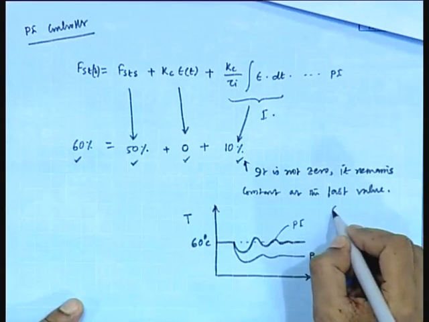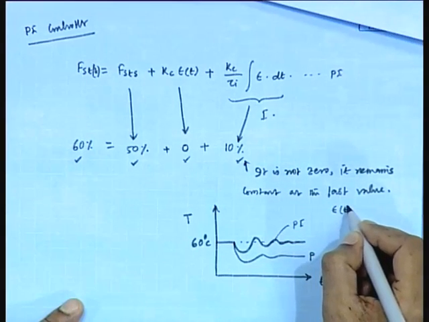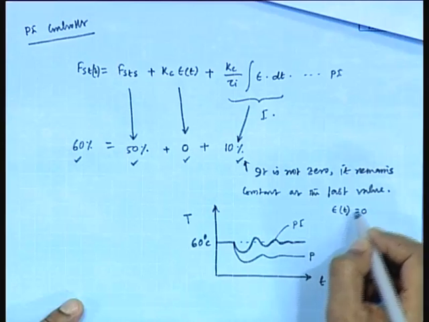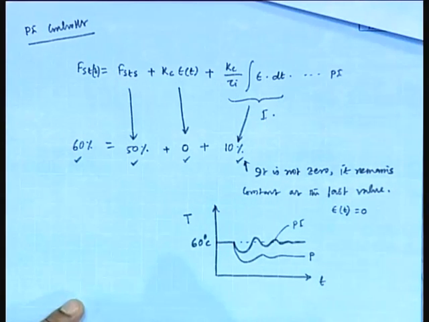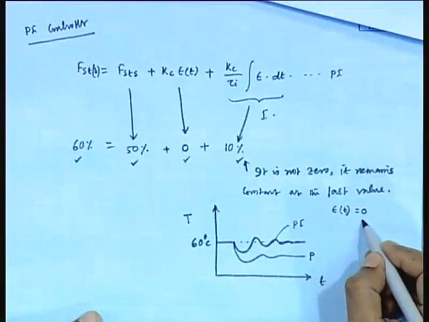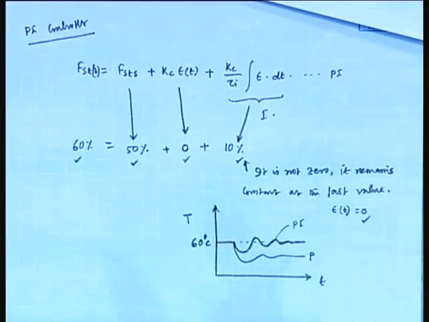I mean epsilon at a last time step is 0, but the sum of remaining errors, previous errors, provides 10%. The last error, that is epsilon t, equal to 0, fine, and the sum of previous errors provide 10% opening.